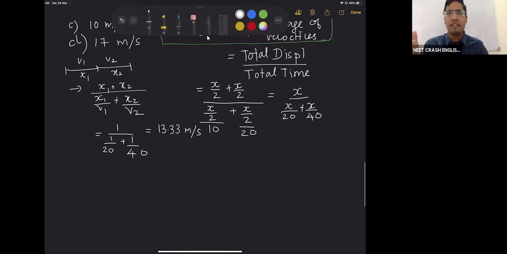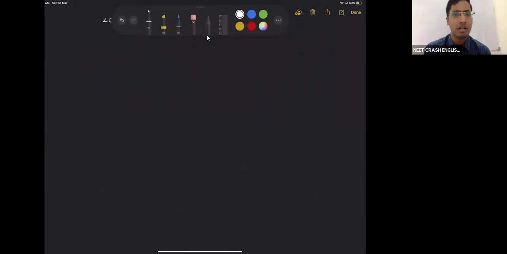Now, velocity. We now studied there are two parts to velocity, instantaneous velocity and average velocity. Velocity can be graphically represented, because it is delta x upon delta t.